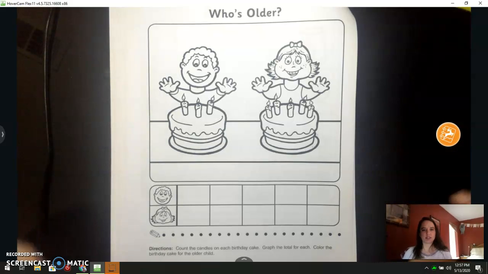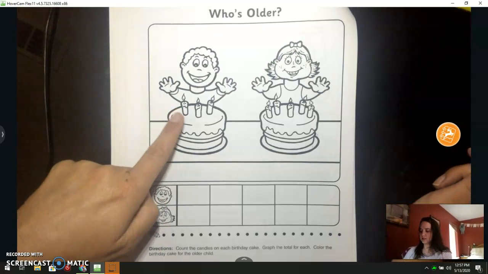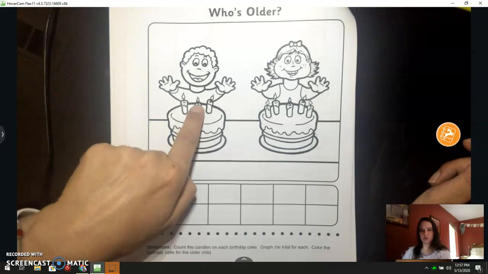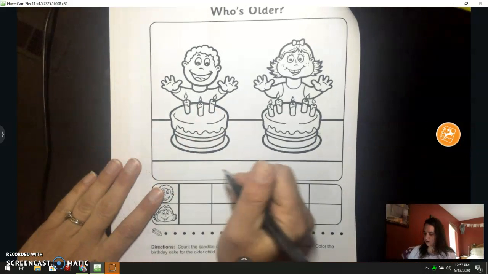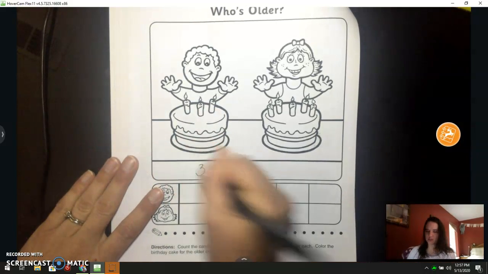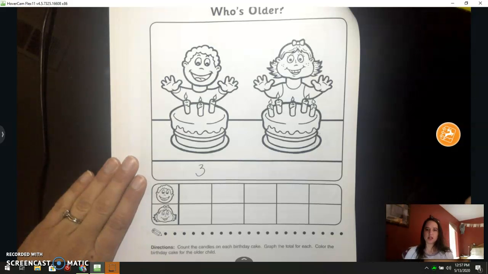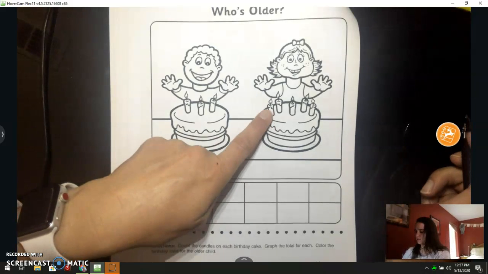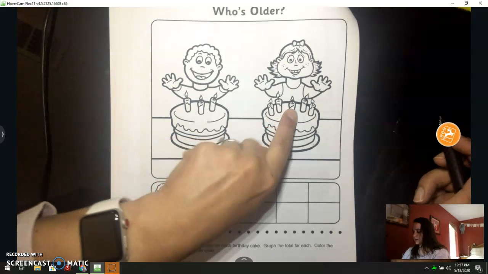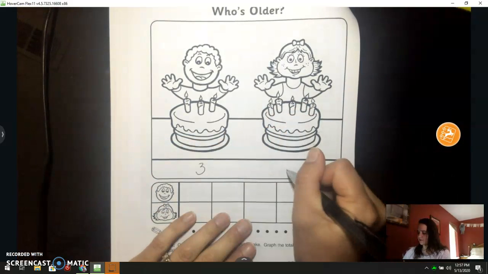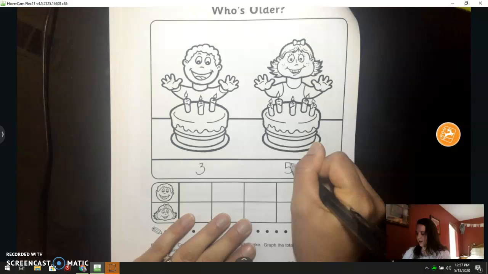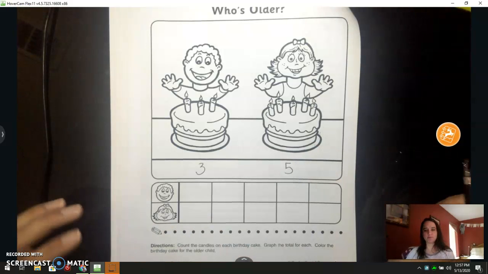Let's do that first. Let's count these candles. 1, 2, 3. And I'm going to write the number 3 underneath him just so that I remember. And let's count her candles. 1, 2, 3, 4, 5. I'm going to write the number 5 underneath her so that I remember.